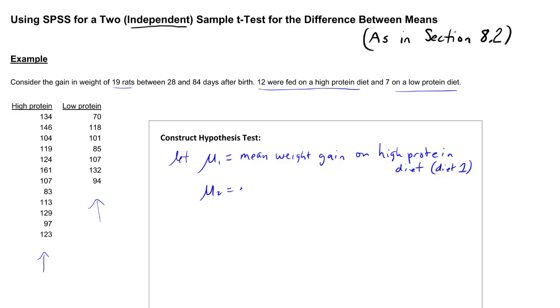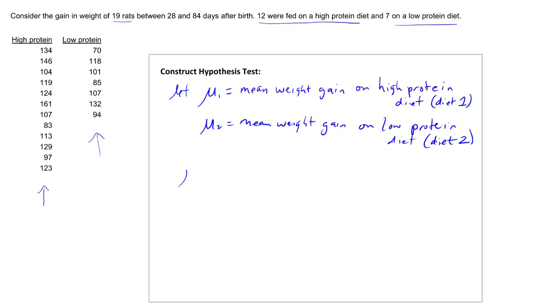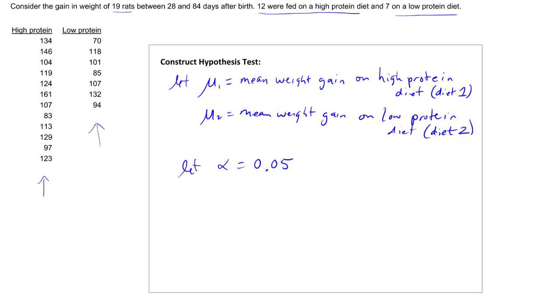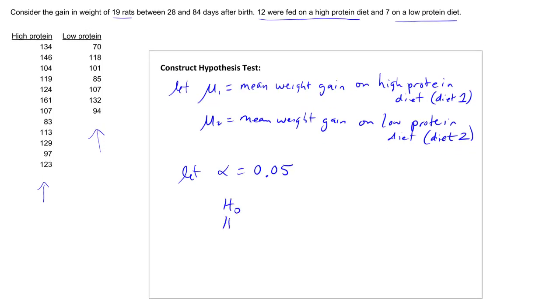And mu2 is going to be the mean weight gain on the low protein diet. So this is going to be diet 2. Okay, so it wasn't specified here, but we're going to go ahead and let alpha be 0.05, and let's set up our hypothesis test.